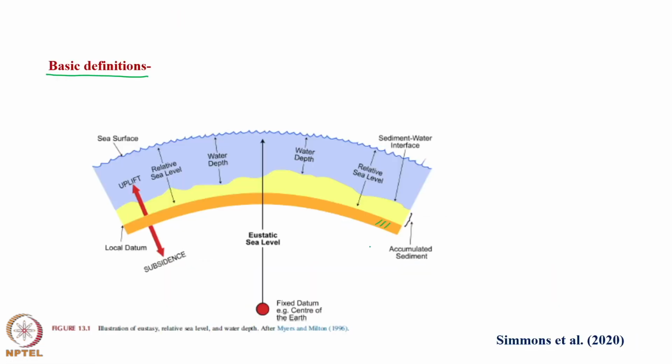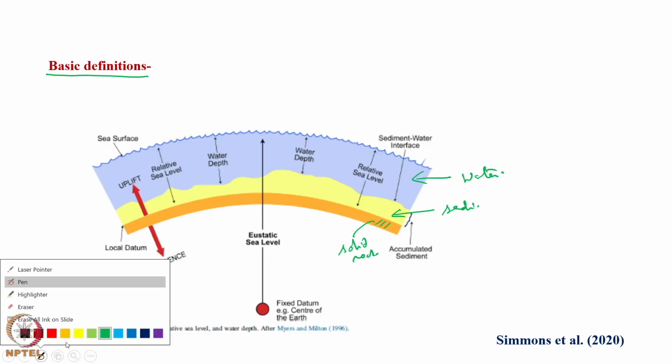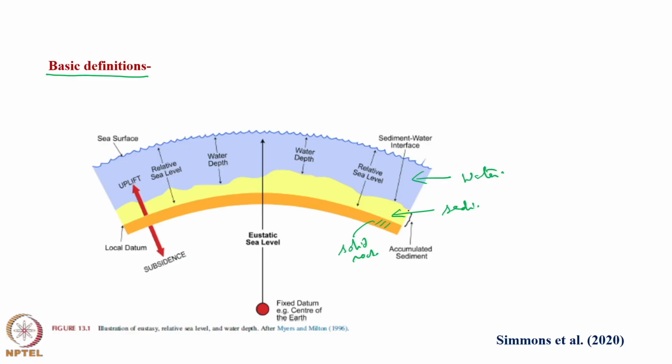Consider this portion is a solid rock, this portion is sediment, and this portion is sea water. Then a few terms are to be clearly understood. The contact between sediment at the bottom and the water at the top is the sediment water interface.